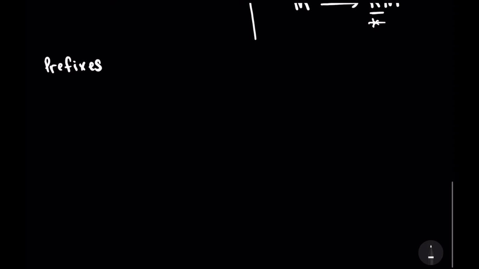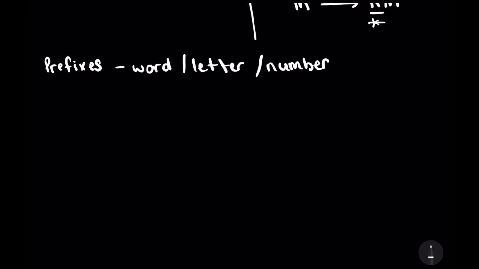All right, so prefixes. The formal definition of a prefix is that it's a word, letter, or number that is placed before another. So we're placing it before something, right?